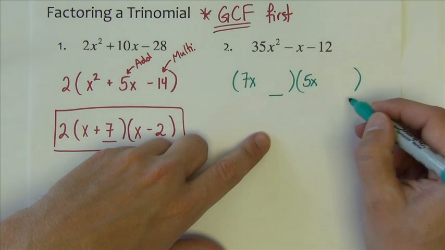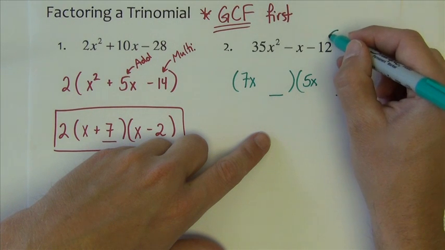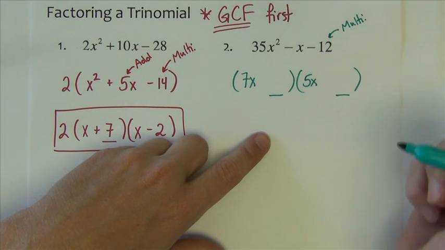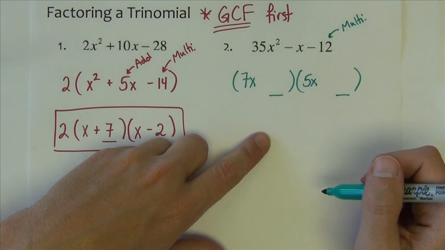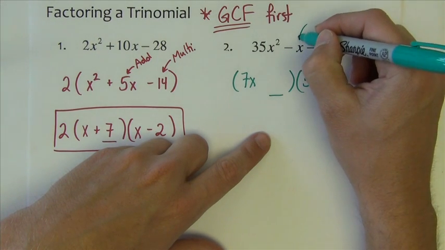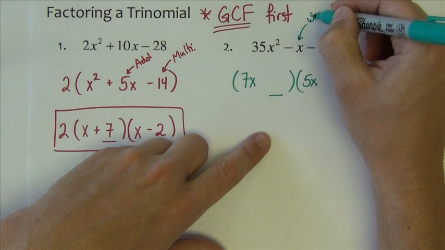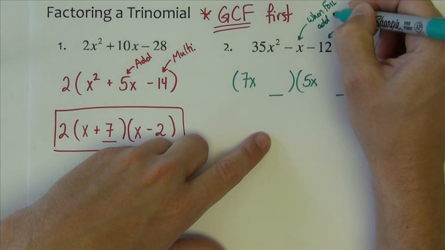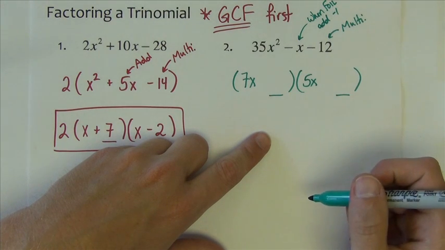Now the numbers that I want here still are going to multiply to negative 12. When FOILed, they're going to add to the negative 1.